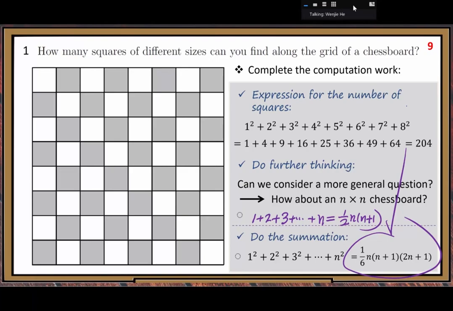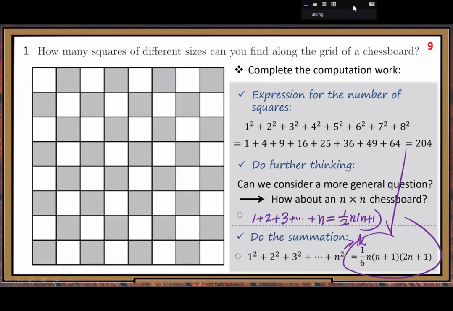Your discrete math has one section that talks about the summation of n consecutive numbers, n to the k, not just 2, general n to the k.